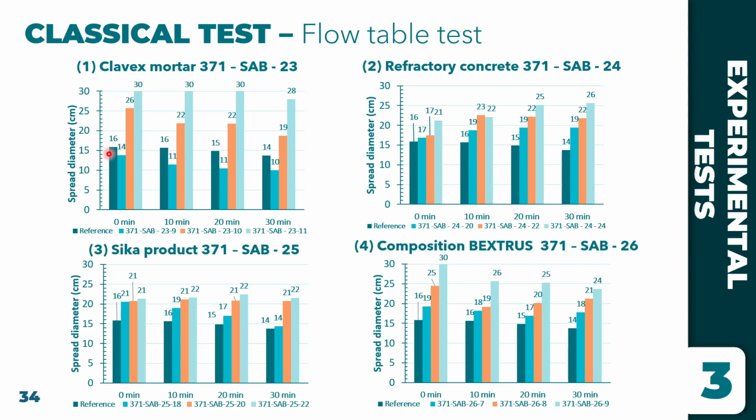So we can compare these two to see the difference between the conventional mortar and the 3D printed mixture. Obviously the 3D printed one has much more fluid behavior compared to conventional mortar. Its spread diameter is around 20 centimeters.